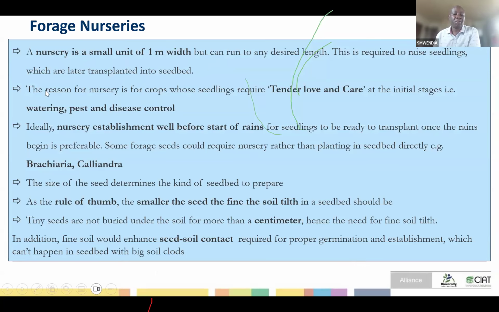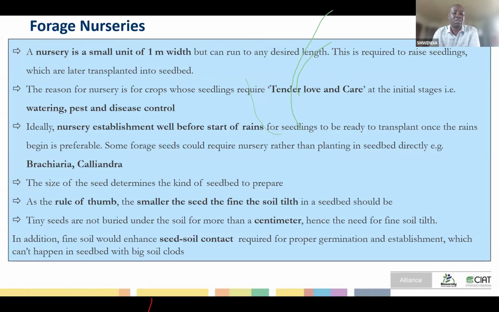And this especially applies to forages that require tender love and care. That means if you plant them directly to the seedbed, you may not be able to, for example, do proper weeding, or they can be attacked easily, probably by pests, which you may find difficult to control.